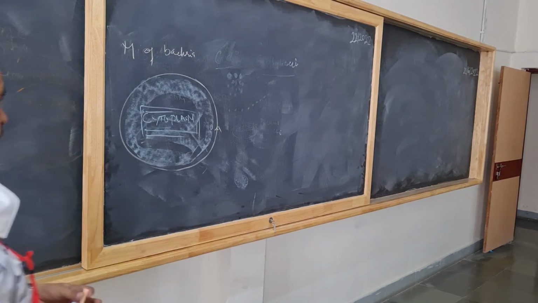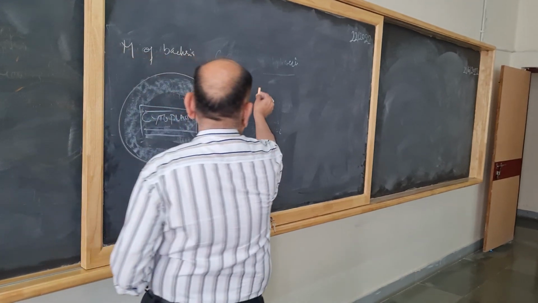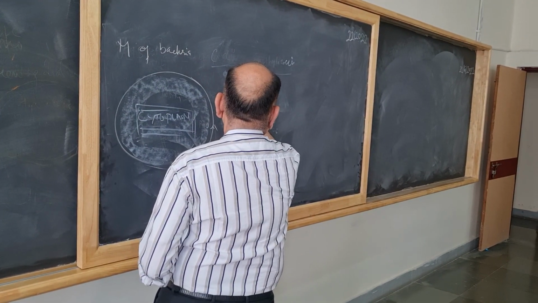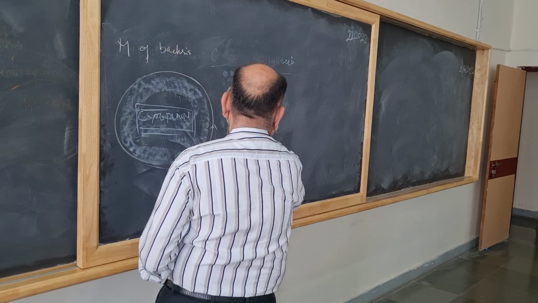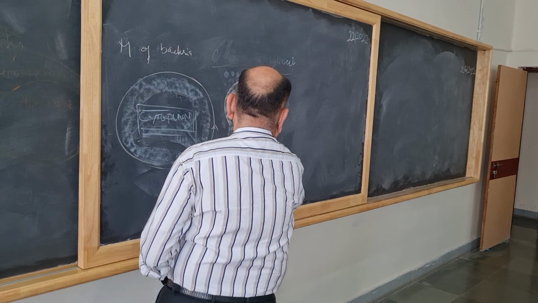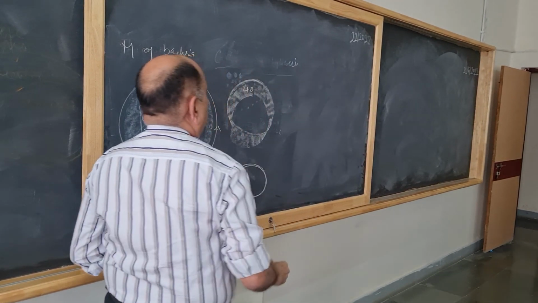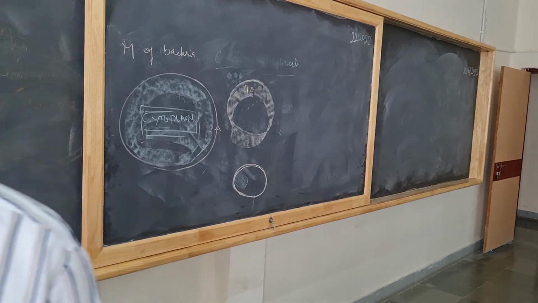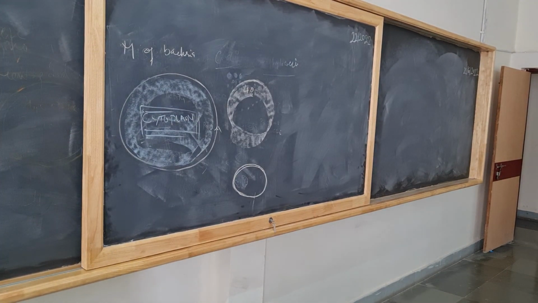Number 1, the gram positive cell wall is 40 times thicker than the gram negative cell wall.